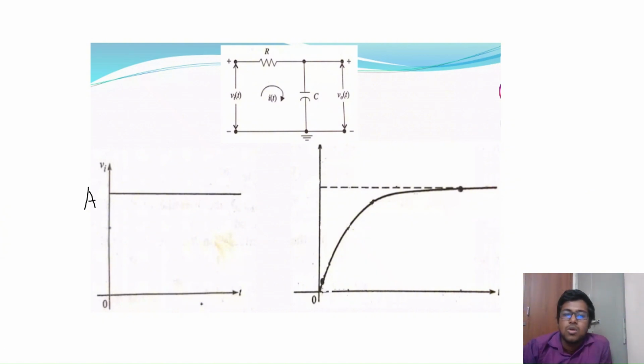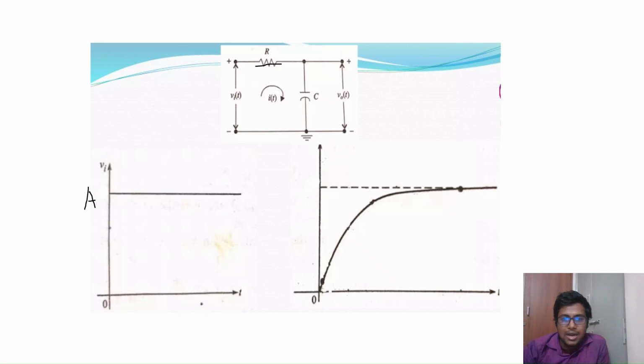Okay, now what happened to this case? So we know that the capacitor will not allow the sudden change in the input voltage. Whenever you are applying the signal exactly at t equal to 0, your input jumps from 0 to A. So here input jumps from 0 to A. Whenever it reaches the input, here also the input jumps from 0 to A. But this particular capacitor will not allow the sudden change in the voltage.